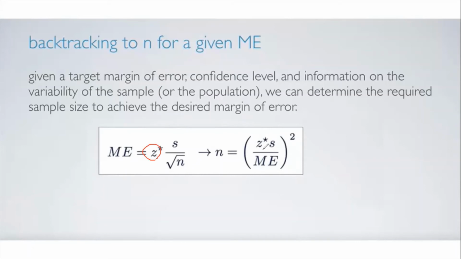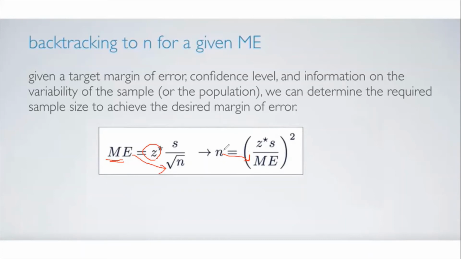Look at this association. This is the margin of error. The margin of error is inversely proportional to the square root of n, which is basically n having a relationship with the margin of error squared.